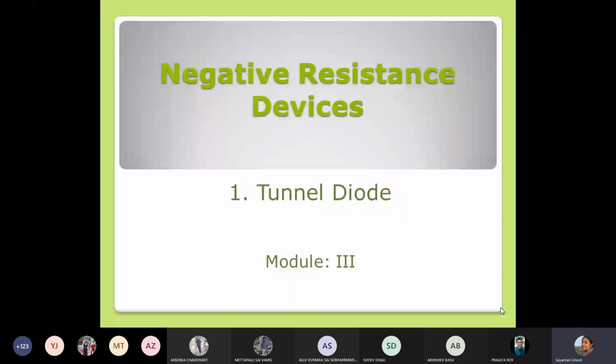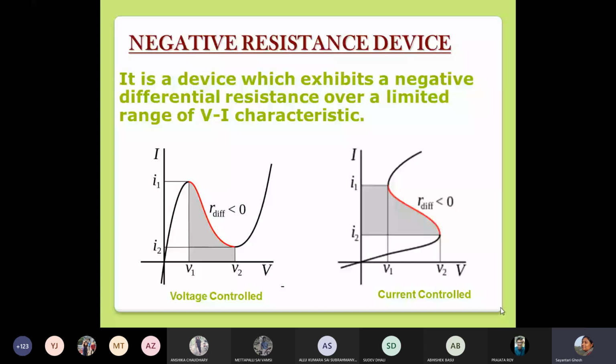As I already said, negative resistance means the curve has a negative slope. In these devices, including the tunnel diode, if you draw the I versus V graph, you will find a portion where the curve is falling. This means a negative slope, so here you have a negative differential resistance. If you differentiate this line, you will get a negative slope. This region is the negative resistance region.